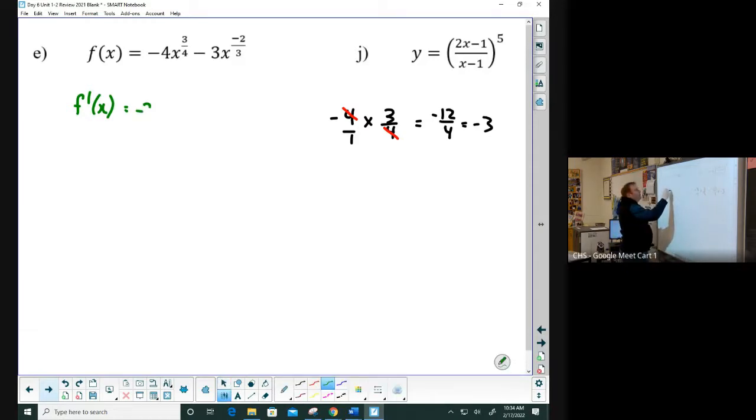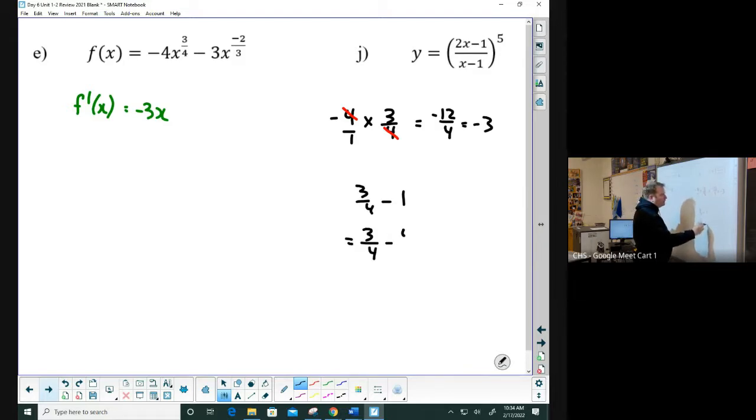It's just -3x to the something. What's that something? Well, it's 3/4 minus 1. To subtract 1, I need a common denominator, 4/4. 4/4 is the same as 1. Keep the denominator, subtract the numerators, it's -1/4.